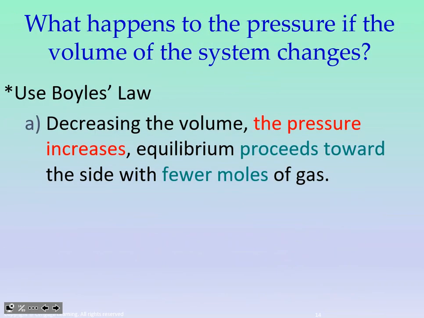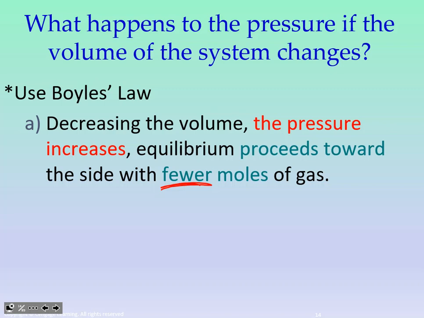So Boyle's Law, don't forget this one. Remember, pressure and volume are inversely proportional, so talk about it in terms of volume. Decreasing volume increases pressure, and it goes to the side with fewer moles. So remember this, fewer moles. And if you increase the volume, the pressure will decrease and it will go to the side with more moles.